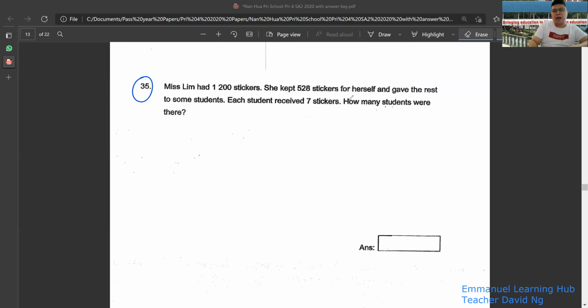Okay, can you tell me how to find the number of stickers that she gave to her students? Oh, you know how to find the number of stickers that she gave to her students?